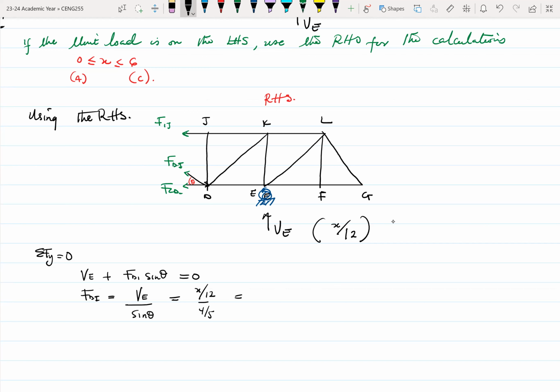So let's write this one properly. This is going to be x over 12 times 5 over 4. So it becomes 5x over 48, I believe, right? Is that what we are all getting?